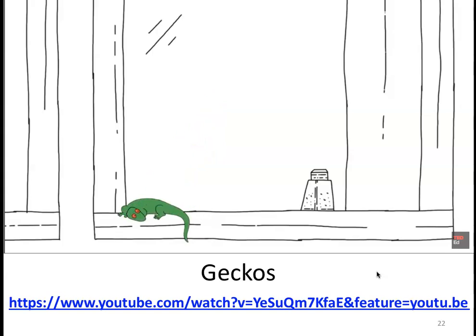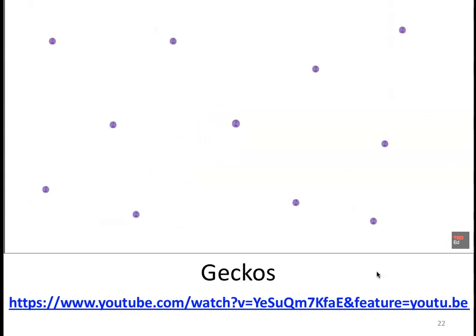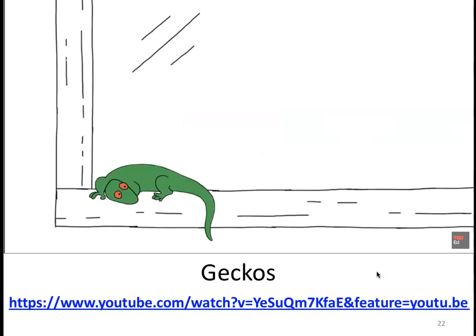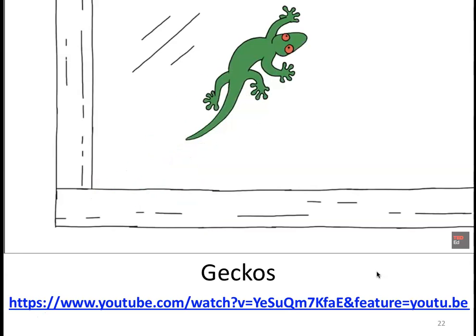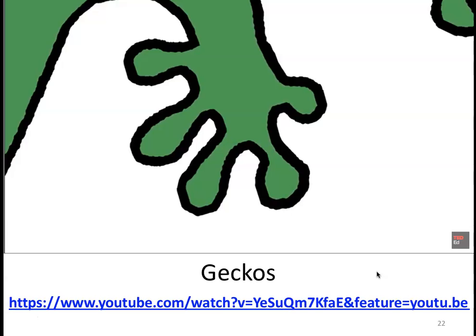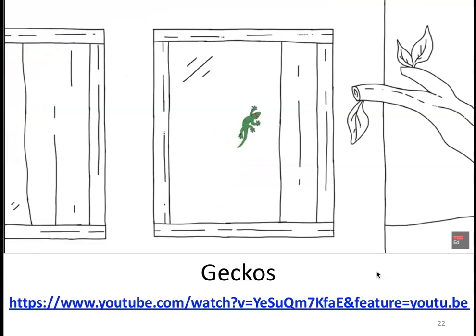That attraction binds together compounds like table salt, which is made of positively charged sodium ions stuck to negatively charged chloride ions. But a gecko's feet aren't charged, and neither are the surfaces they're walking on. So, what makes them stick? The answer lies in a clever combination of intermolecular forces and structural engineering.